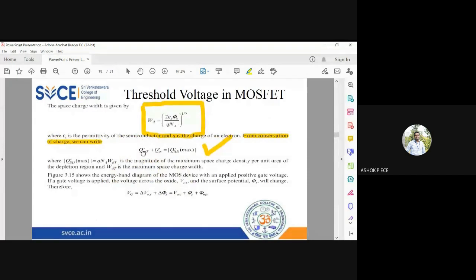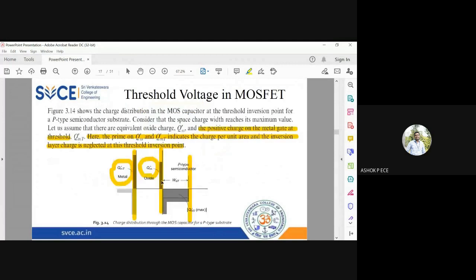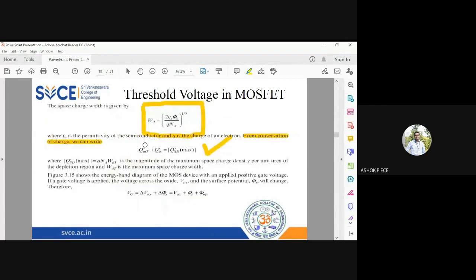Ideally, this only will come, but in case your oxide is going to have any charges, I'm going to add that with the metal because it is an oxide, right? I'm not adding it with the semiconductor, I'll be adding it with the metal. So you see here Q dash MT equal to modulus of Q dash SD maximum, because the charges are equal and opposite on both sides.